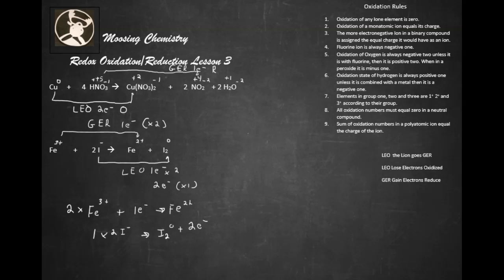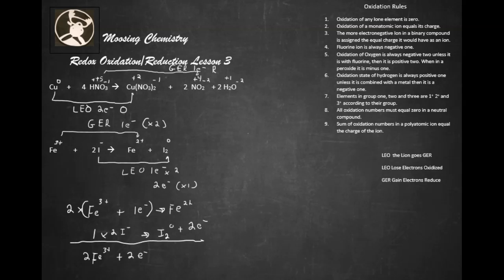So when we do this, this gives me 2 Fe 3 plus, 2 electrons. Because remember, this 2 was multiplied in this whole thing here.